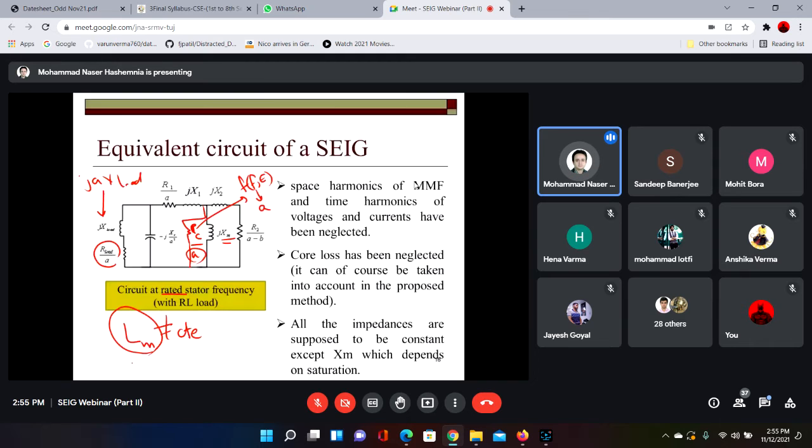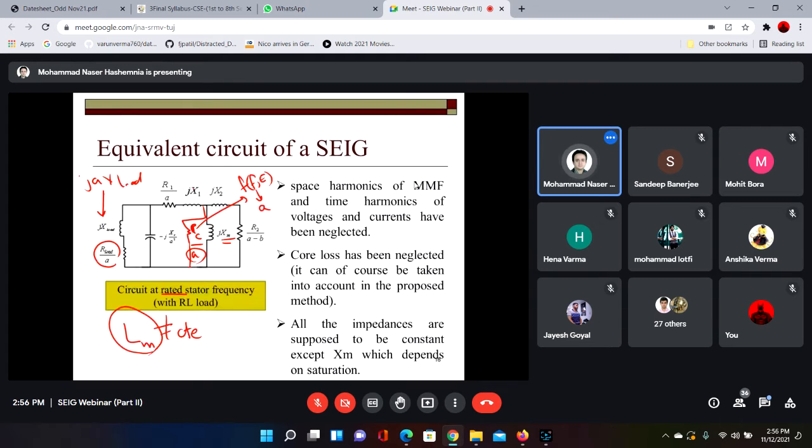We know R1, R2, X1, and X2. X1 and X2 are leakage reactances, so they are not affected by saturation, because the path of the saturation flux is almost totally in the air, not in the core. So leakage reactances are almost constant, but magnetizing reactance is not constant. In many machines that are connected to the grid, we approximate and assume that we have constant magnetizing reactance.